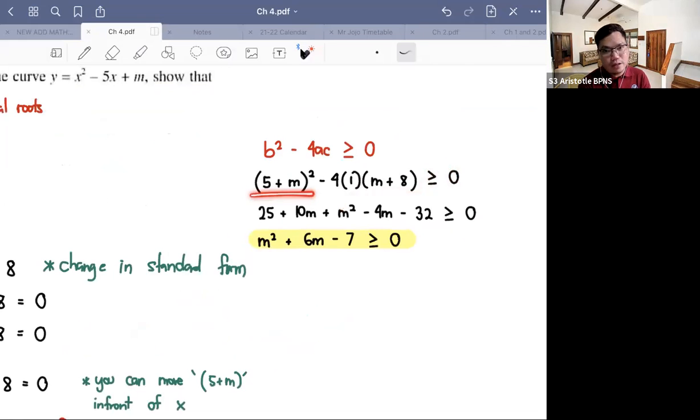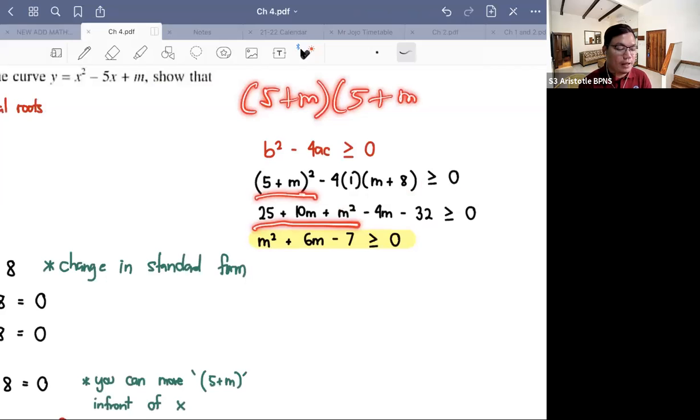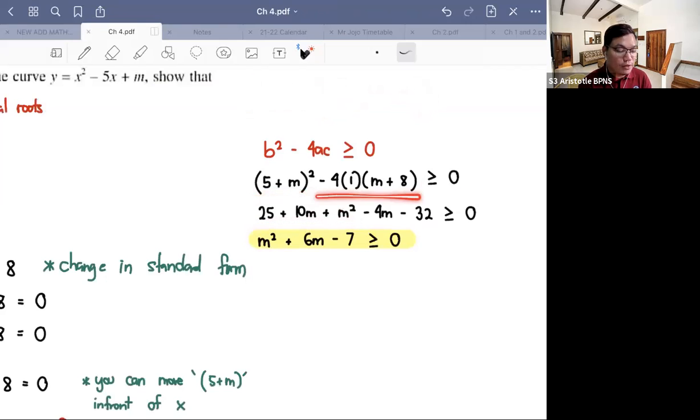So you basically expand. So you get 25 plus 10m plus m squared. So again, it's 5 plus m times 5 plus m. And then this one, obviously, it's negative 4.